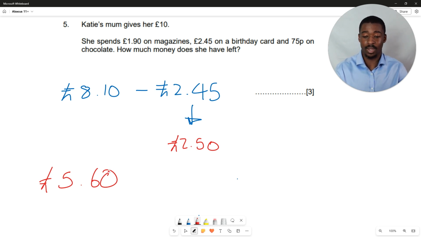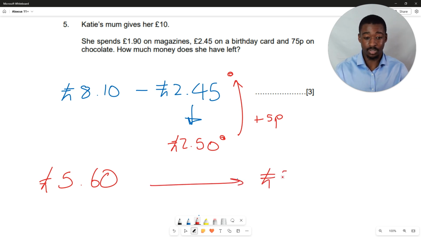So £5.60. And then we realize that we're not actually subtracting £2.50, but we're subtracting £2.45. So we add back that 5 pence. So here, we don't remain with £5.60, but we actually remain with £5.65.